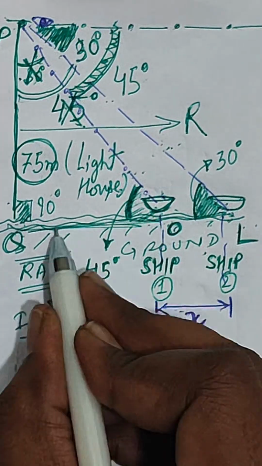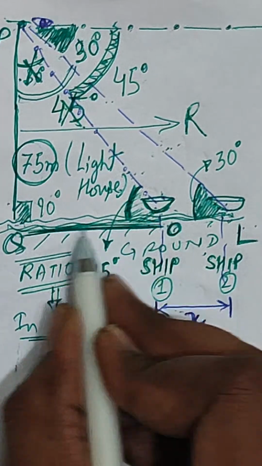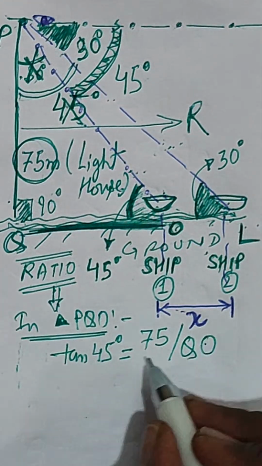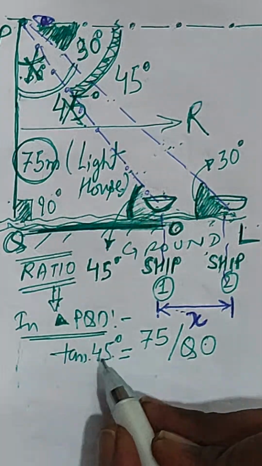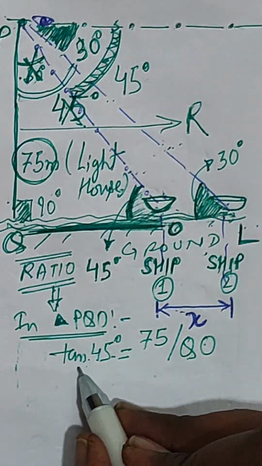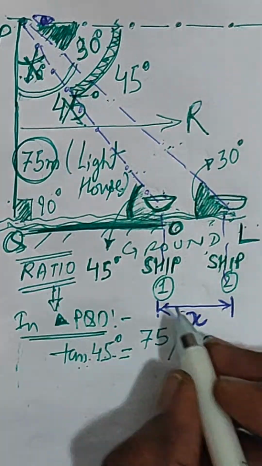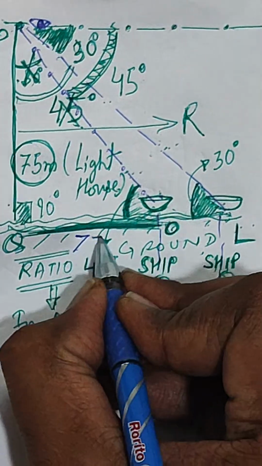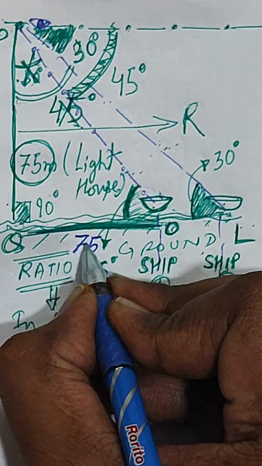This is QO. Right? So from here, we know the value of tan 45 is 1. So this will give you the value of QO as 75. So the value of QO is calculated as 75.